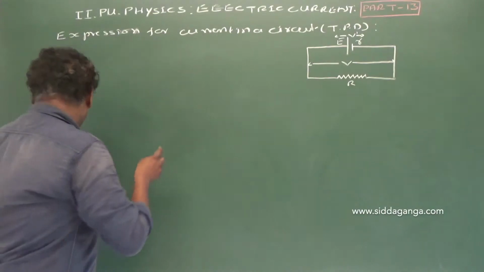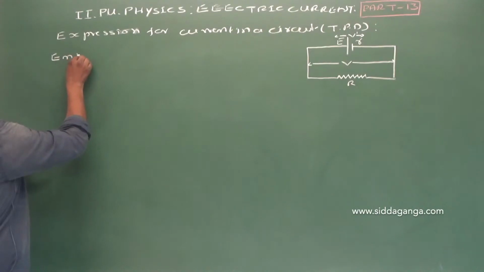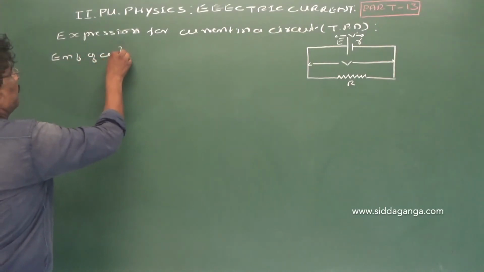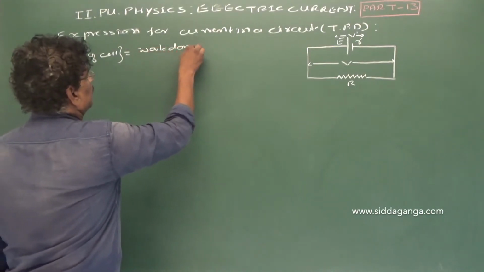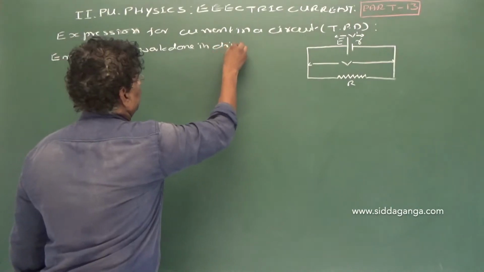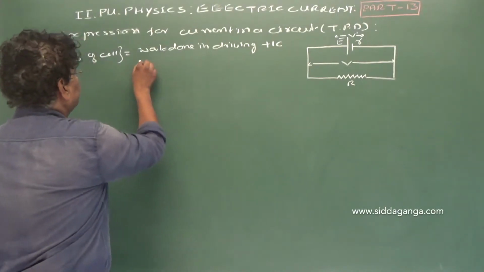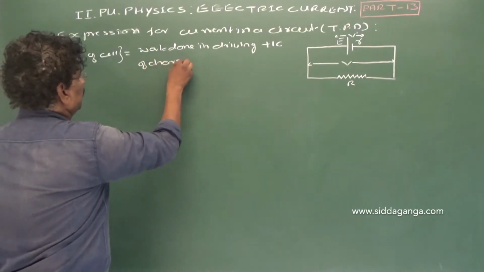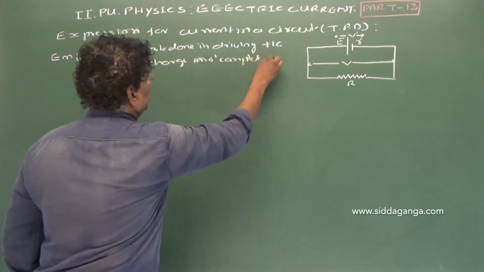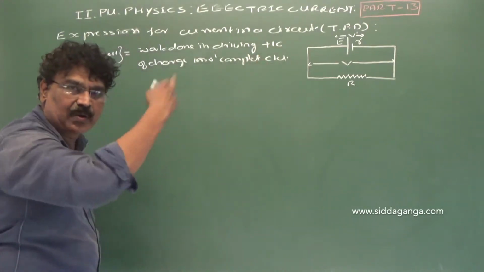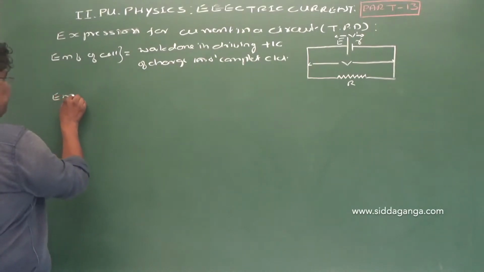So by definition, EMF of the cell is equal to work done in driving plus 1 C, 1 coulomb of charge, through a complete circuit, that is once around a complete circuit.